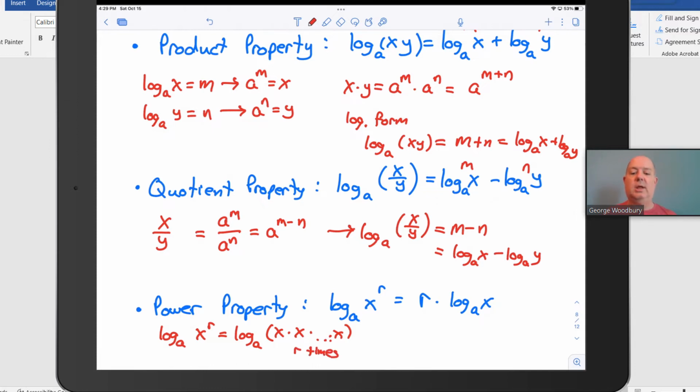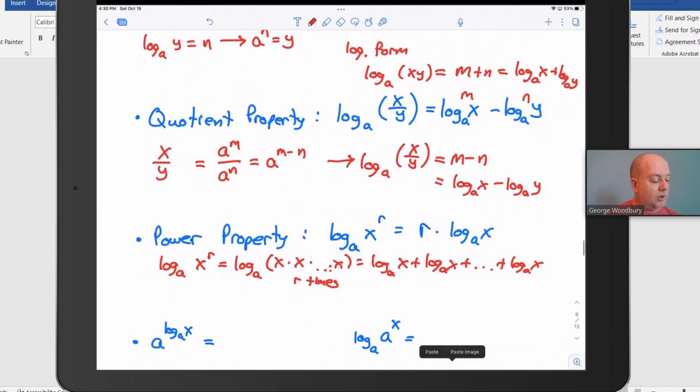Then I can break that by the product property into the sum of our different logarithms. Log base a of x plus log base a of x plus dot dot dot plus log base a of x, where that happens r times. And so I can rewrite that as r times that logarithm, proving that property.